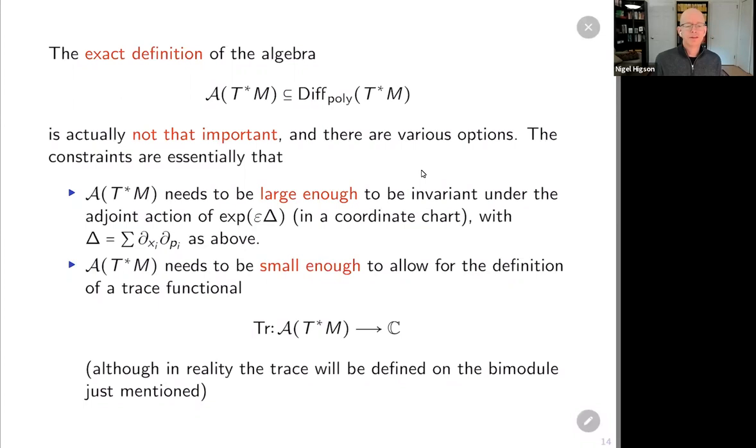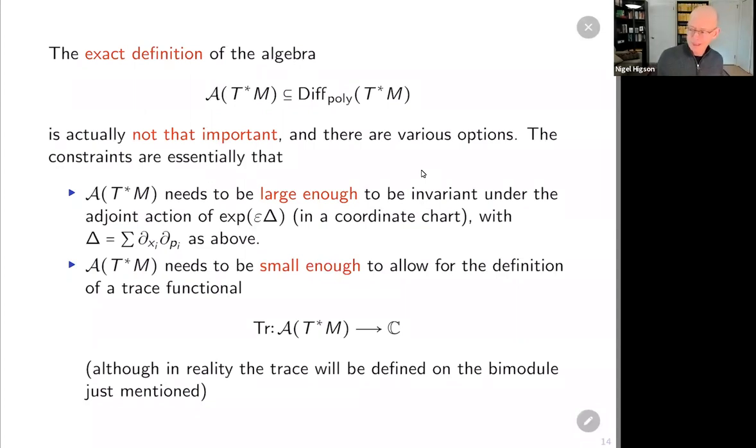So it makes sense to conjugate. That is, if you like, a lower bound on the size of A of T star of M. It has to be big enough that it's invariant under conjugation, but it also needs to be small enough that we can build this interesting trace. But these are kind of relaxed conditions, and there's a lot of room in between for different definitions of A.